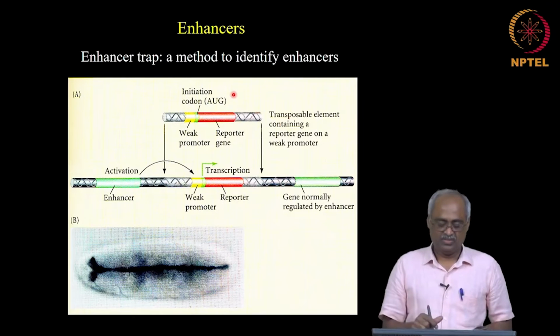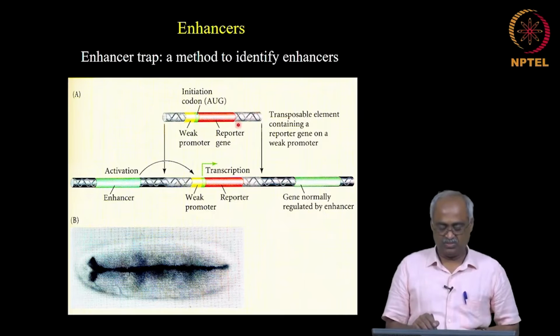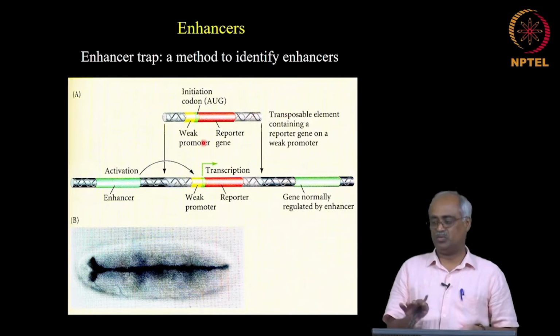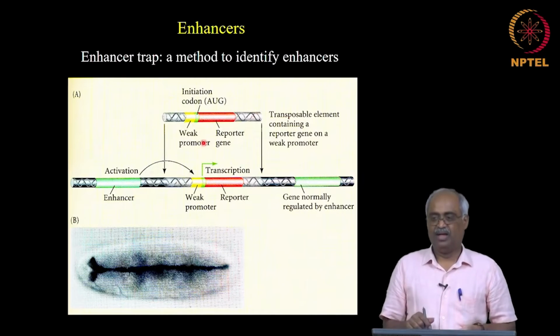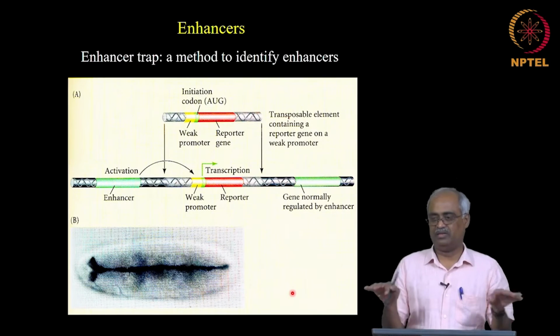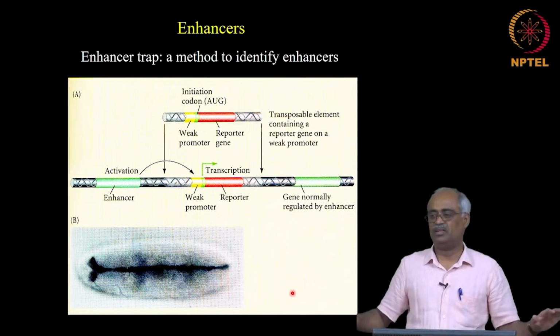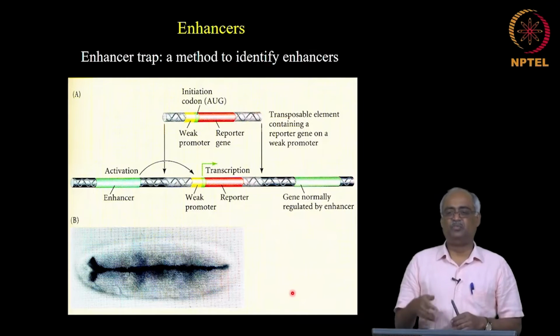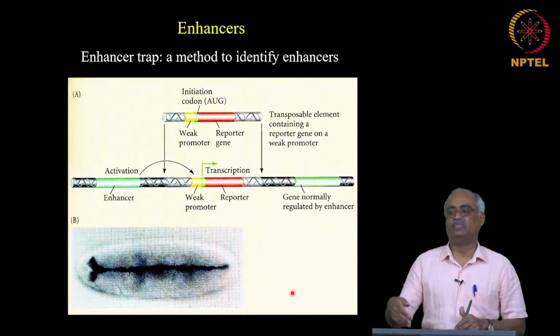And usually transposable elements, to get inserted, need repetitive sequences, and wherever that is there they will go. So, now if you use the transposable elements as a vehicle to carry this reporter with a core promoter, meaning no transcription factor binding accessory sequences like no enhancers or anything, and now you provide the context in which transposable elements are active, and then you stop it and look at all the different insertions, it is kind of mutagenesis using transposable elements.